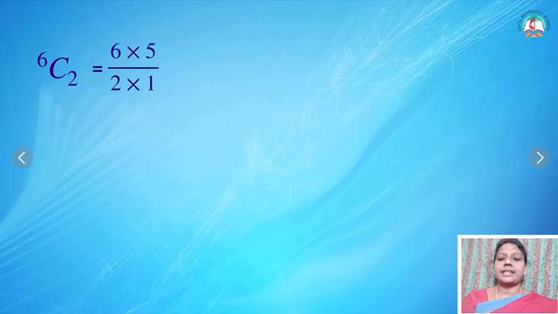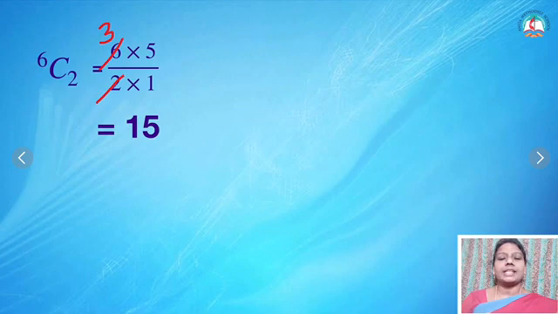Okay, so the next one is, supposing I have 6C2, then the formula is 6 into 5. This is another method, so that directly we can find out. 6 into 5, that is we are adding order, and here I am having 2, so 2 into 1. Okay, then here I can cancel this 2 with this 6. Therefore, the answer will be equal to 15.